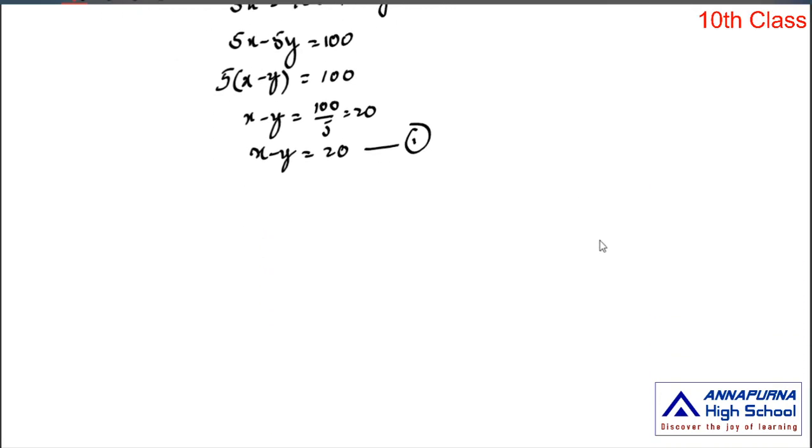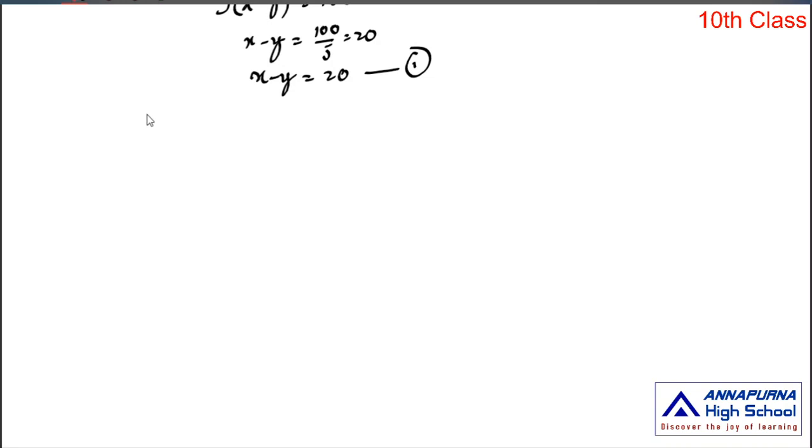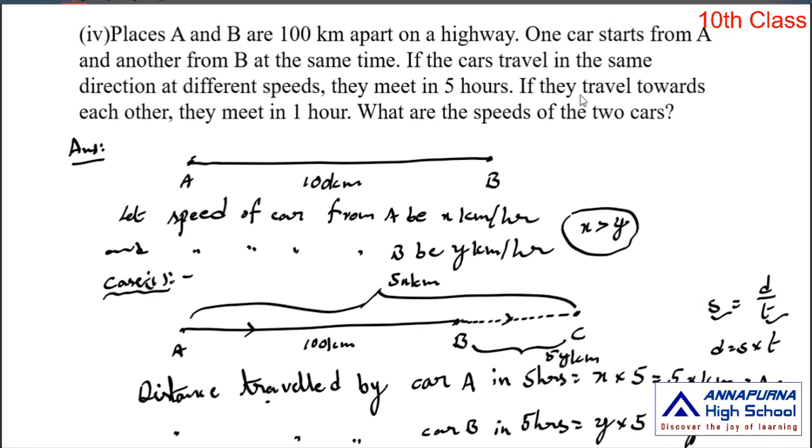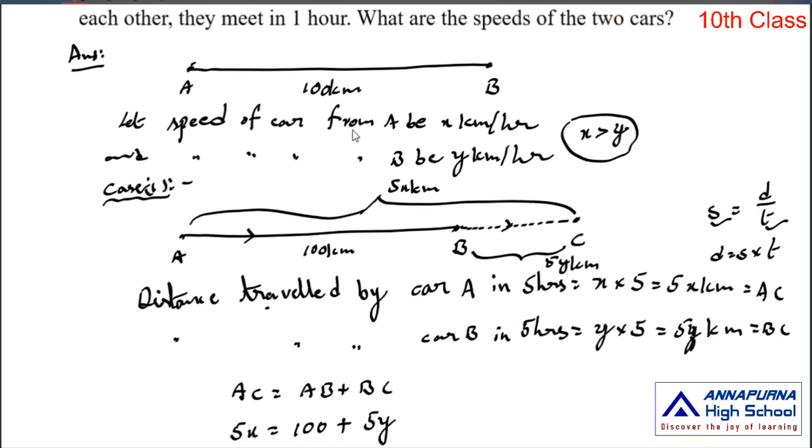And when you come to the second case, what is the second case? If the two cars travel towards each other, not in the same direction, if they travel in opposite directions, they meet in 1 hour.